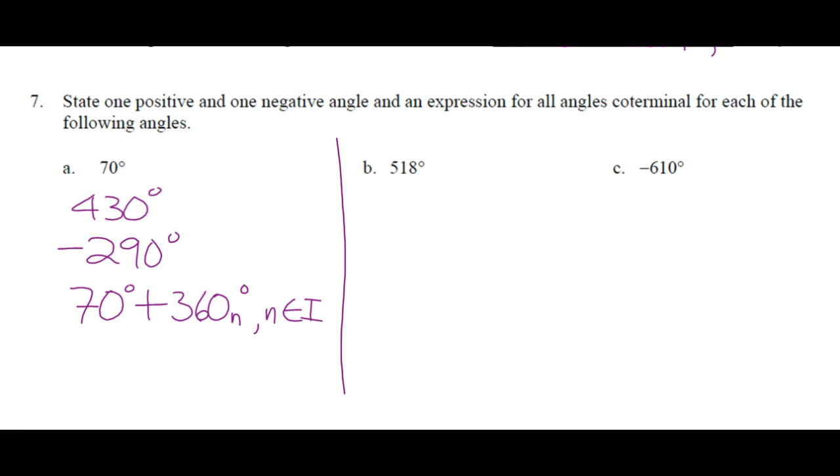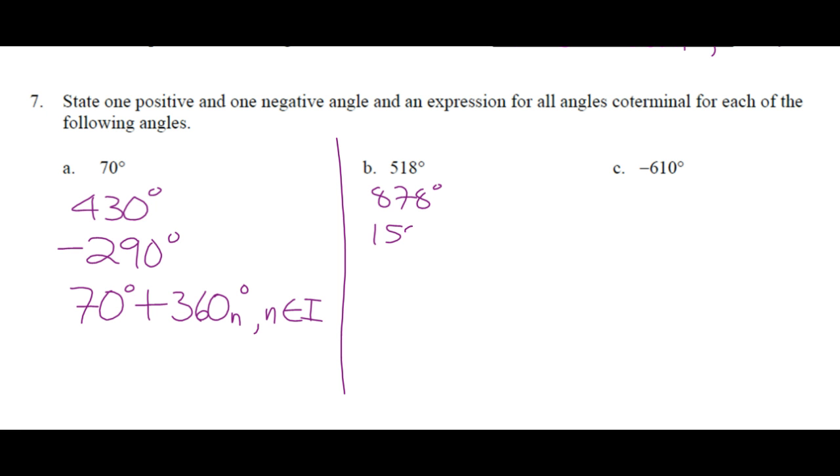518, a positive coterminal angle. At this point, I think I need a calculator. So, yeah, 878, sure, you can add. You could also subtract 360. No idea what that would be, but I could subtract 400 and then add 40. So it'd be 158.